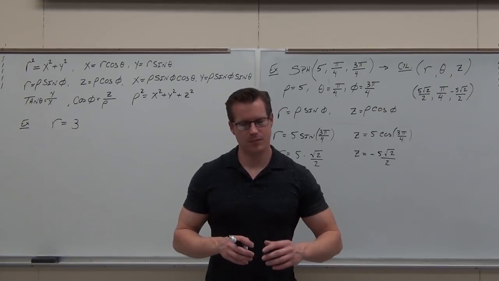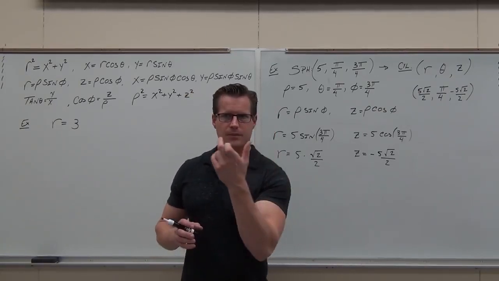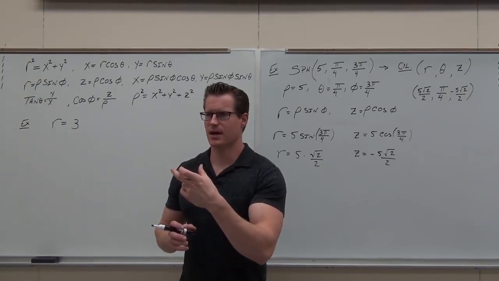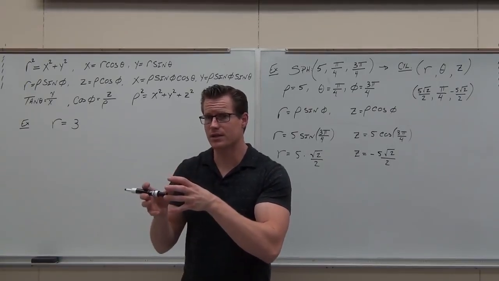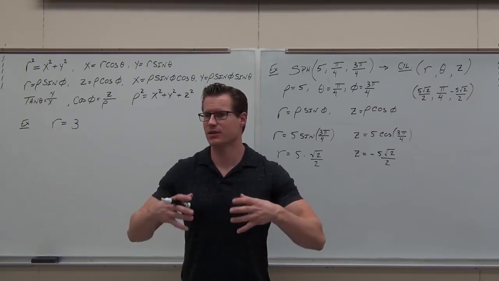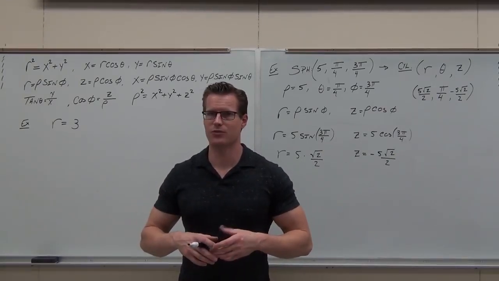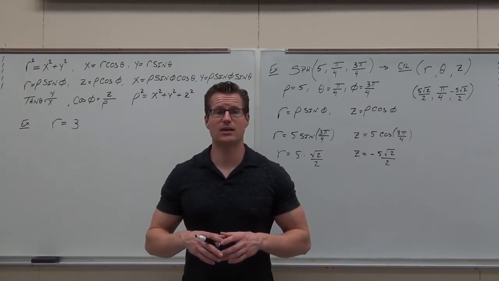I'll give you probably the biggest hint here. Anytime you have a variable equal to a constant, you basically have the type of shape that the coordinates are based on. So if r is cylindrical and it's equal to a constant, you have a cylinder. This is a cylinder with a radius of, what do you think? Exactly right.